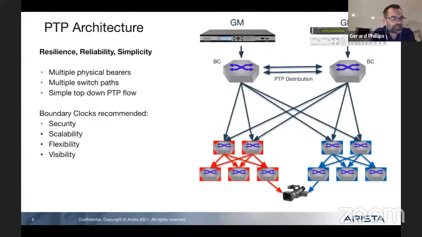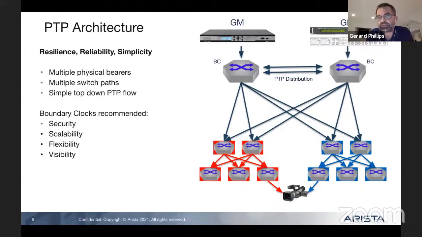Need to touch on resilience and simplicity, reliability. There's a lot of confusion about how to build PTP. Really, there's some simple templates, and here I'm sharing the simple template. Really, a couple of grandmasters, a couple of switches potentially to distribute the time between those two.